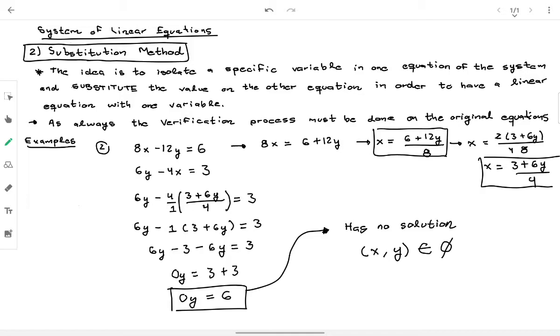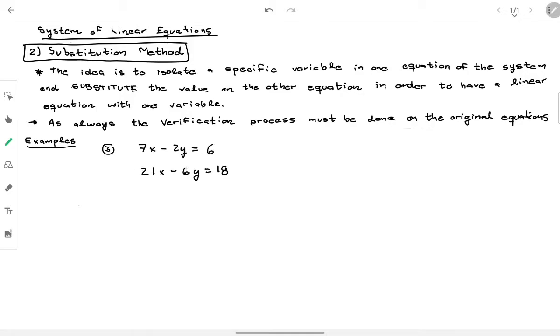Let's see another example. So in this third example, it's going to be something like this. On the first equation, we can isolate a specific letter. I will isolate x, and it's going to be 7x equals 6 plus 2y. That means x equals (6 plus 2y), all of it divided by 7.